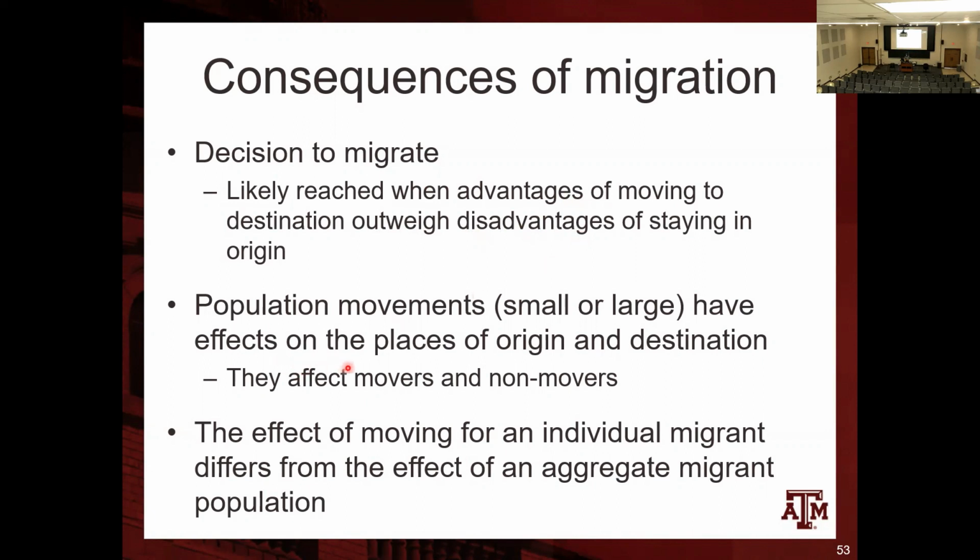Population movements have effects on the places of origin and destination. They also affect movers and non-movers. When a rural area is losing a lot of people, and as we just mentioned, people who are better educated between the ages of 20 and 29, so really those that are in the labor market, are more likely to get out from these areas.